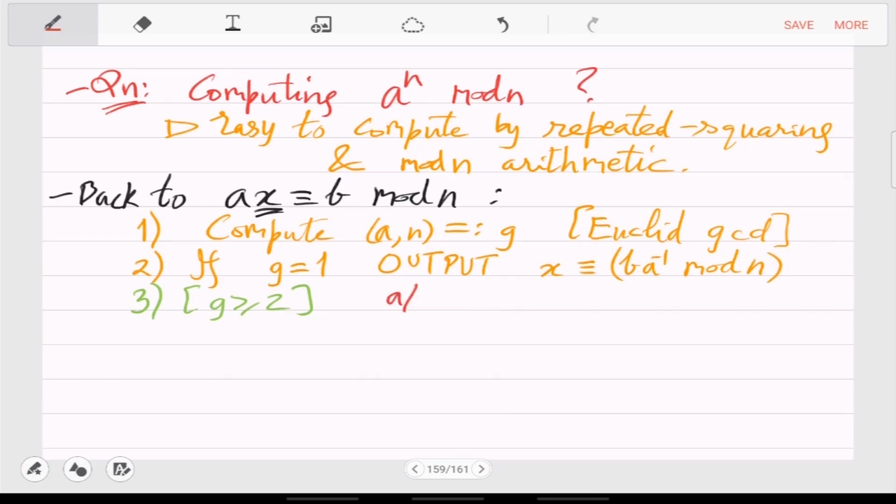So it's (A by G) times x is congruent to (B by G) mod (N by G). Right, this is the equation which is given to you. With slight modification, we found the GCD and then we divided A by G and N by G, which is allowed. Can you divide B by G?